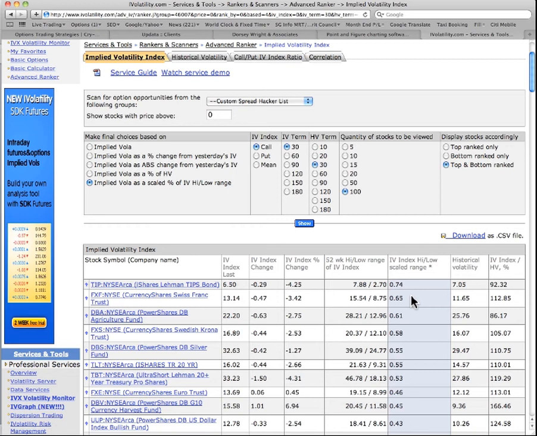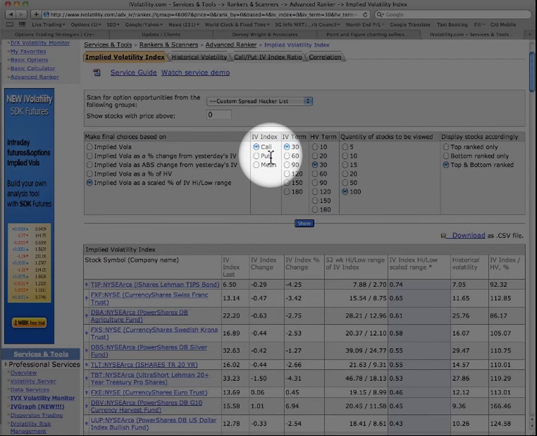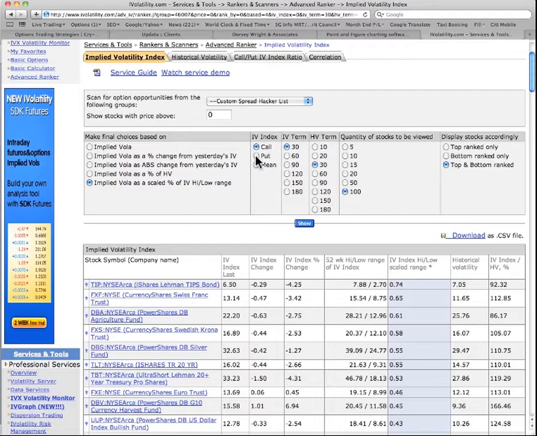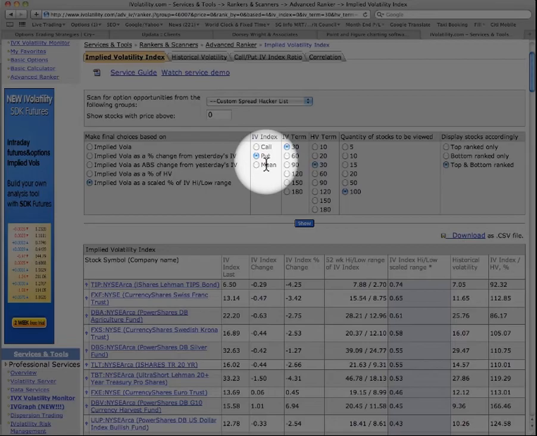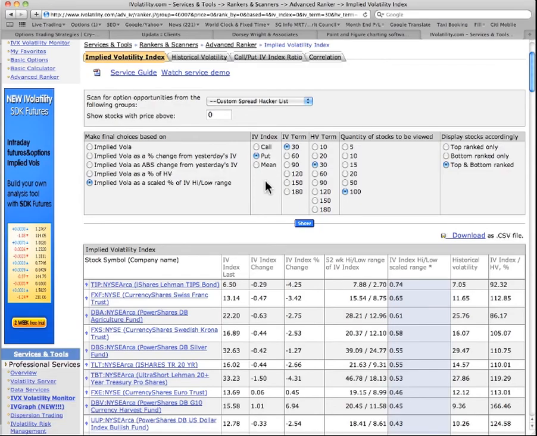This tool separates the measure and scaling to make the implied volatility of calls distinct from puts. The separation of implied volatility is critical because a debit or credit vertical put consists only of puts, no calls. Conversely, a debit or credit vertical call consists only of calls, no puts.